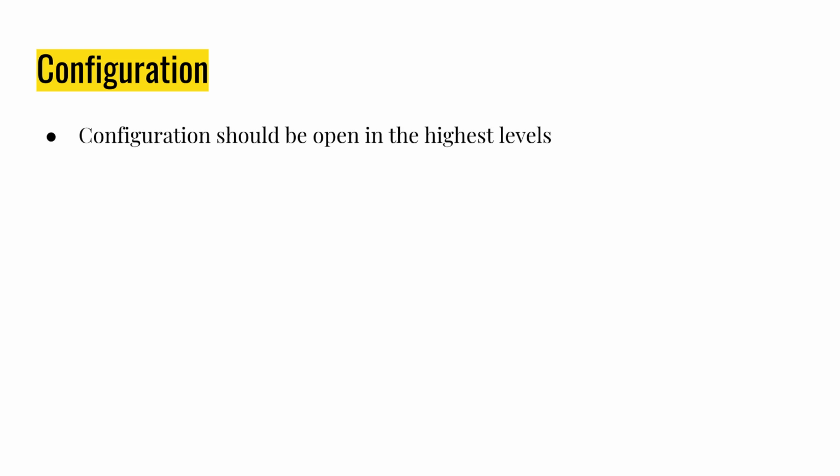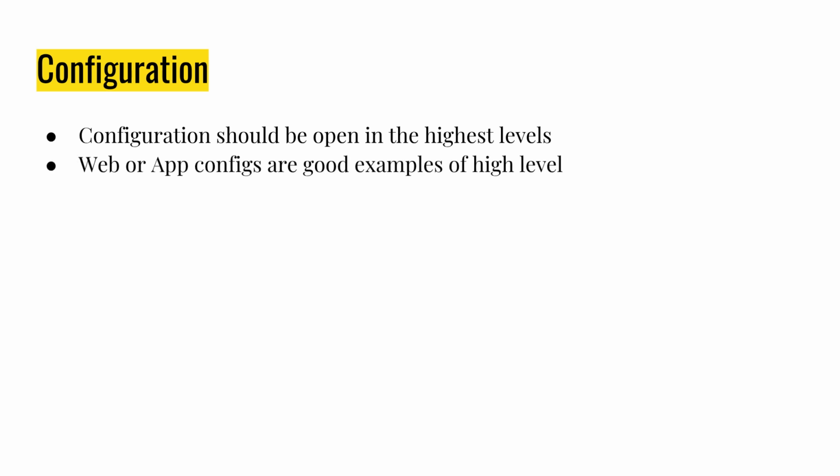So let's try to figure it out. There is a rule in Clean Code saying that configuration should be open at the highest levels. For example, web config, app config is what the highest level is. I mean, you don't even need to go to code in order to change some functionality.